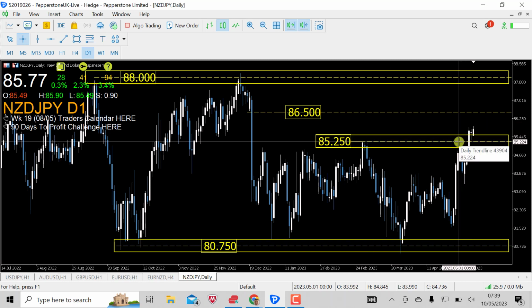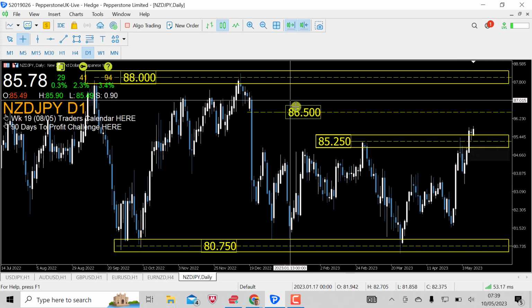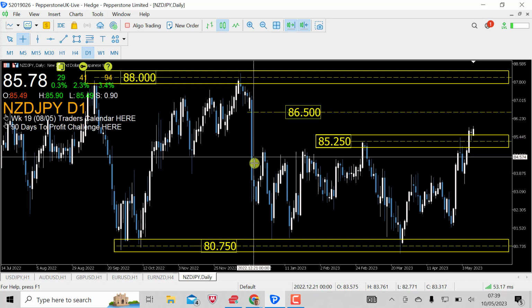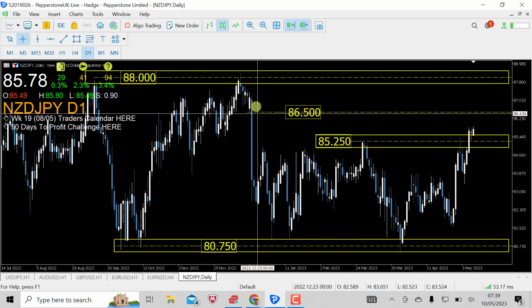So now that we're above the resistance, what we can do is look for opportunities for price to trade to the next level of resistance and see how it reacts. You can see here that I've marked out the 86.50 handle, where we had this bullish candlestick before a very large move to the downside.